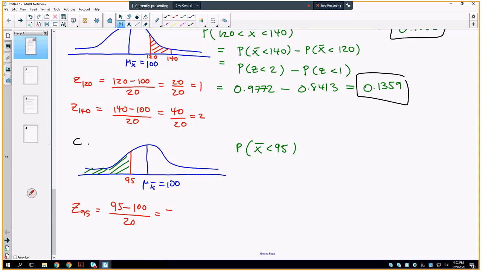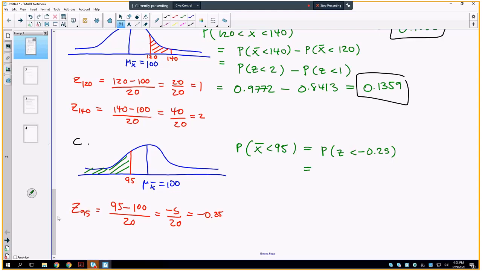So I get minus 5 over 20, or minus 0.25. That tells me that the probability that x bar is less than 95 is equal to the probability that z is less than negative 0.25, and I can find that in my table.